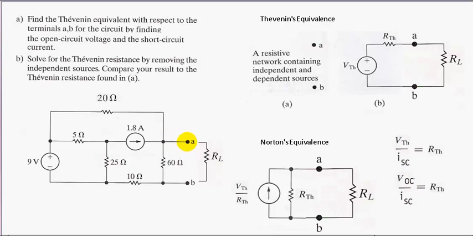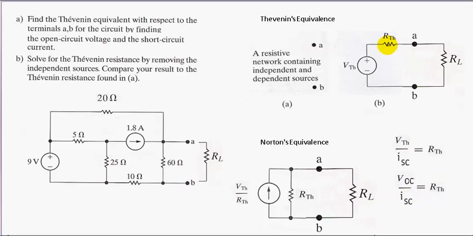And then you find I short circuit, where you short the points A and B, having a resistance of infinitely small or zero resistance right here. And using Ohm's law, V over I equals R. You have V open circuit, where you find the voltage between A and B, divided by I short circuit, where you short this, and you would get your R Thevenin.